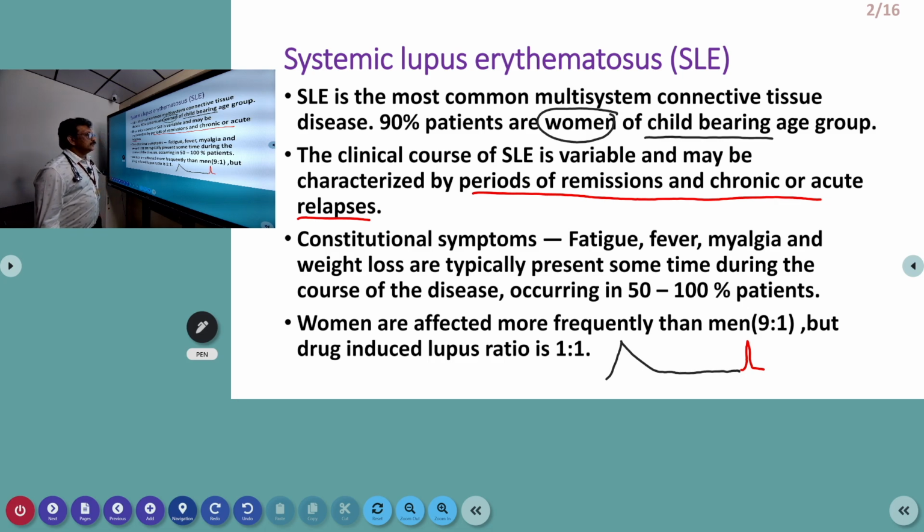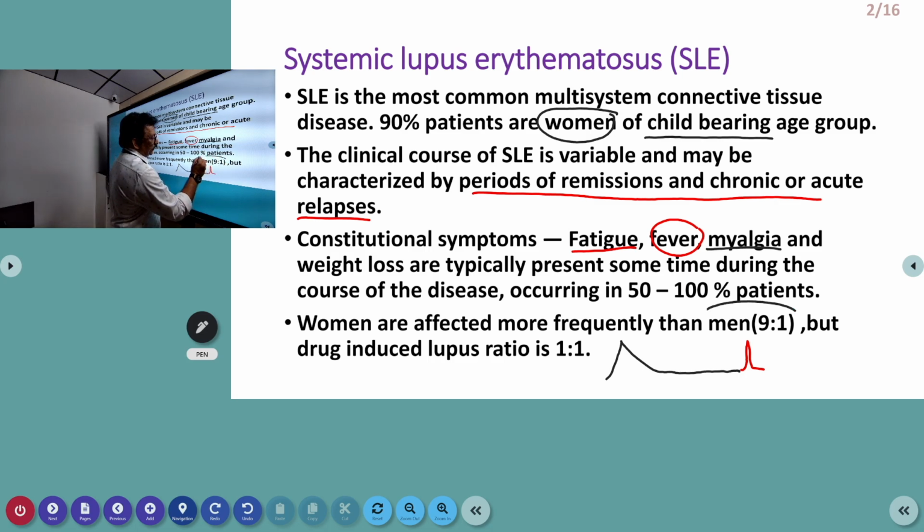Since it is an inflammatory disorder, most of these patients can have chronic fever. Chronic fever will be one of the important findings in many patients. Even if the patients are in remission, they can have myalgia, fatigue, all these things. So these are the typical findings in most of the patients, and very rarely this disease affects the male person.